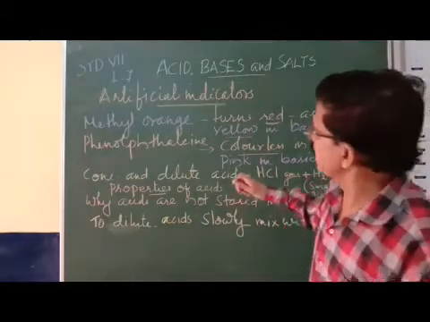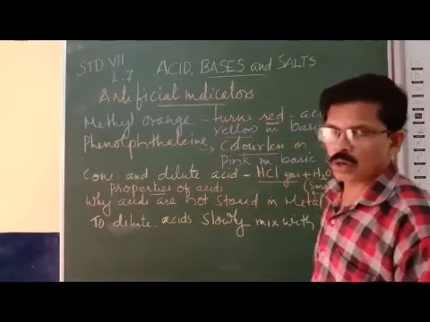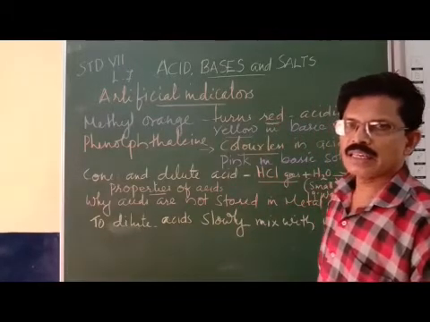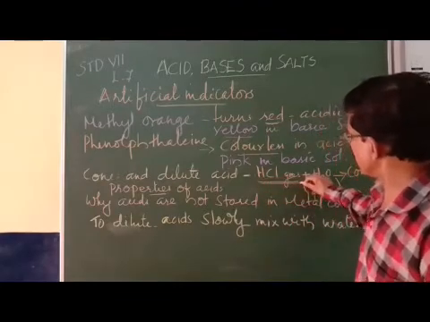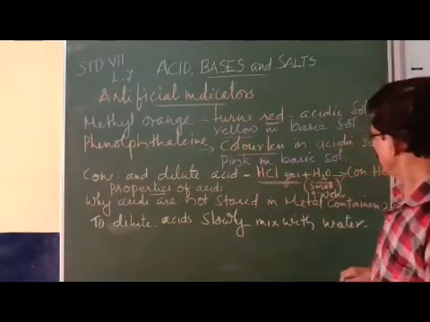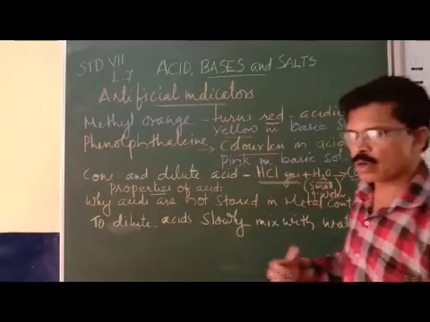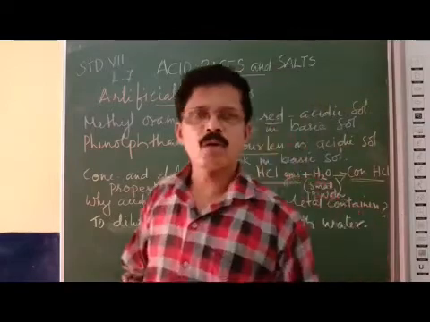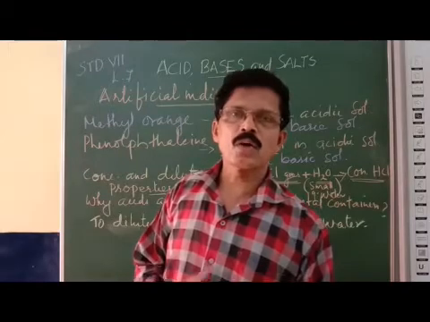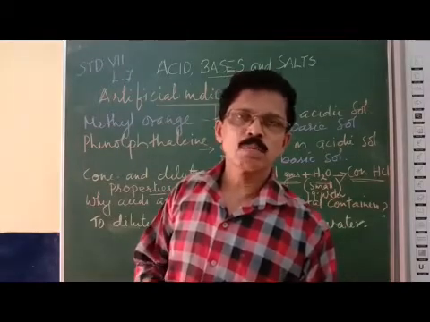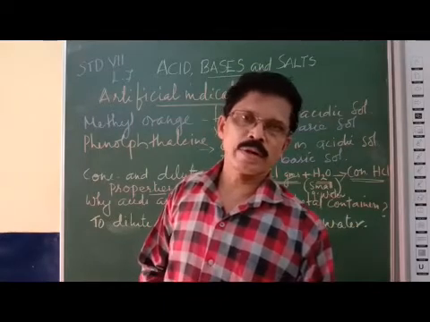For example, hydrogen chloride gas, HCl. When hydrogen chloride gas reacts with a small amount of water, it becomes concentrated HCl. So how to make concentrated HCl? We can make it by mixing hydrogen chloride gas with a small amount of water. You will get concentrated HCl, hydrochloric acid.